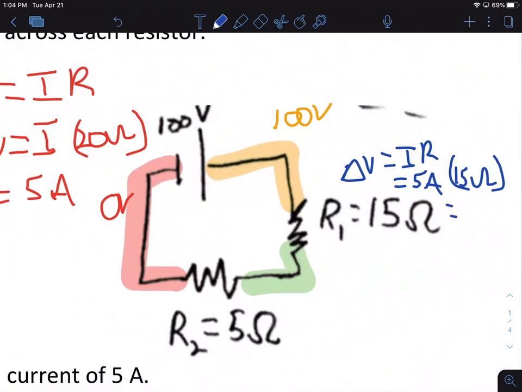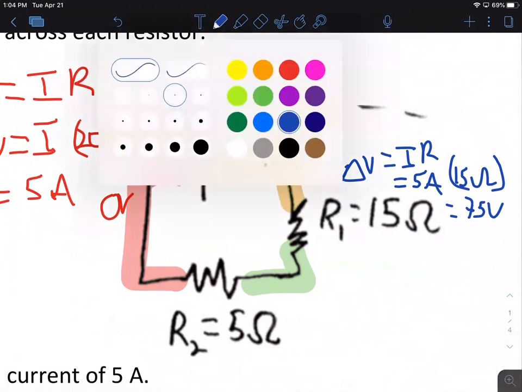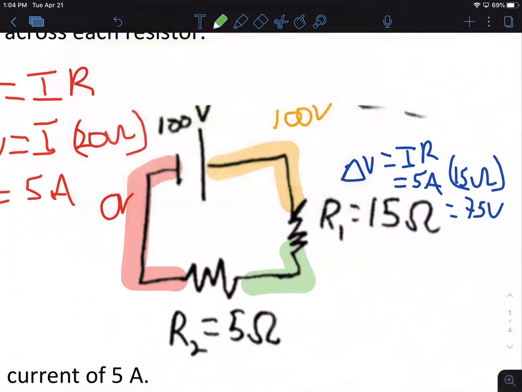Is 75 volts. So just for practice, that means 100 volts losing 75. I could say this area has a potential of 75 volts, if I've said this is 0. 0 gains 100, loses 75. Oops, that should be 25. Can't do math. 25 volts.